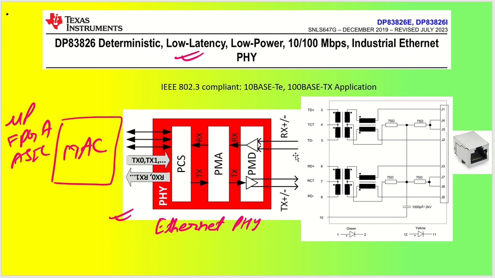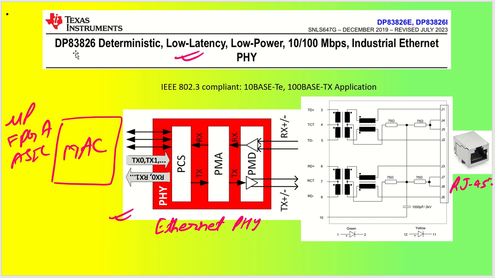As you can see, this goes through some isolation and coupling transformers, and then it goes to the RJ45 connector. So this is my RJ45 connector. These days almost all the RJ45 connectors come with built-in transformers, so we don't have to have separate parts for the transformer and the RJ45 connector, they will be built in together.